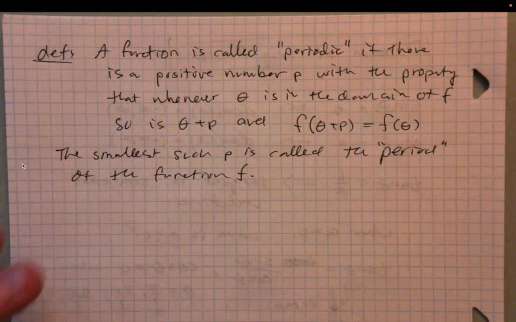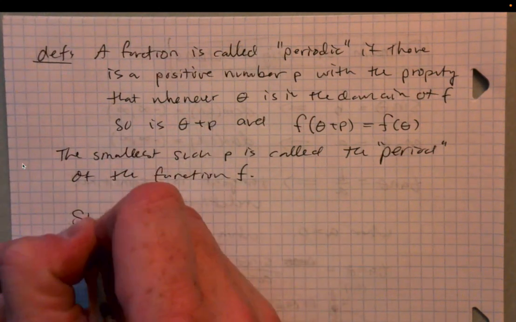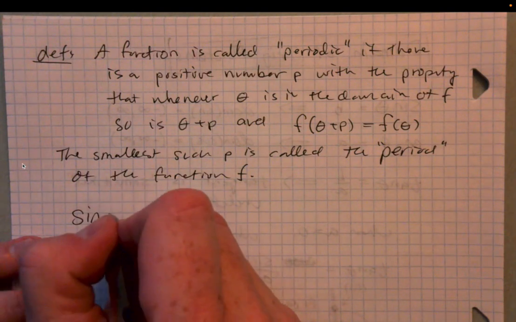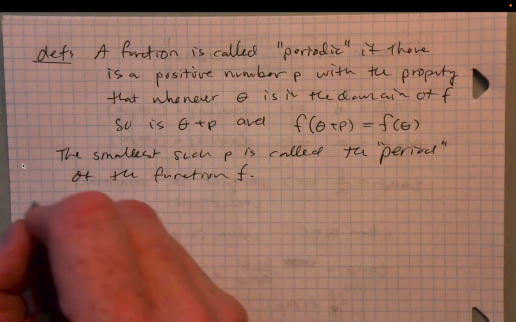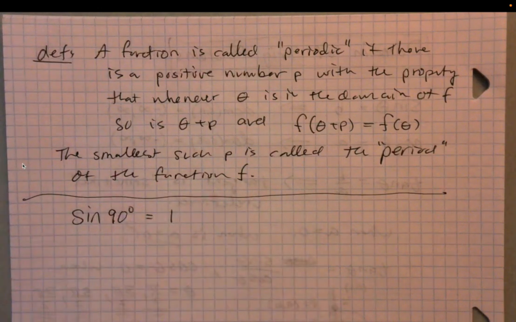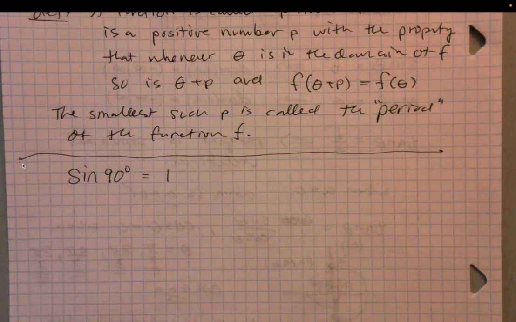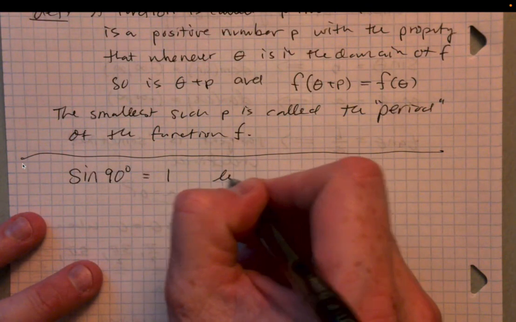Now, the easiest way to see this is to take a simple function like the sine function. We're going to take the sine of 90 degrees. We know that the sine of 90 degrees is equal to 1. Now, I'm going to propose that p equals 360 degrees.